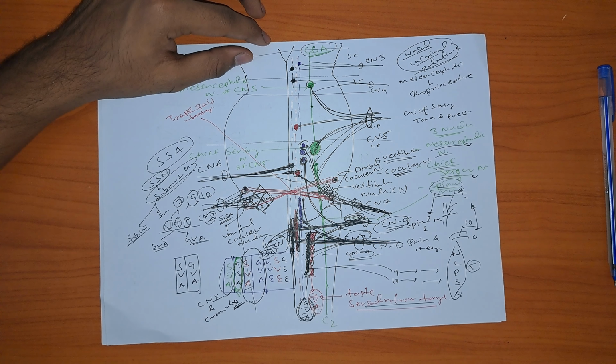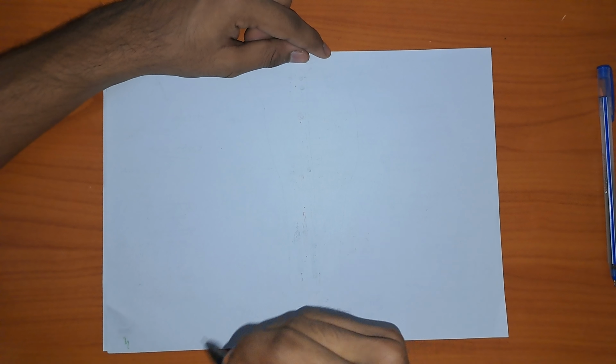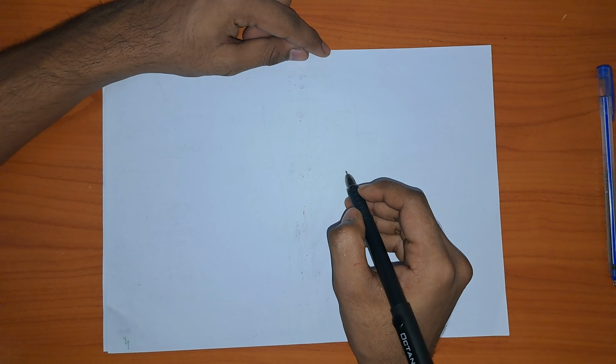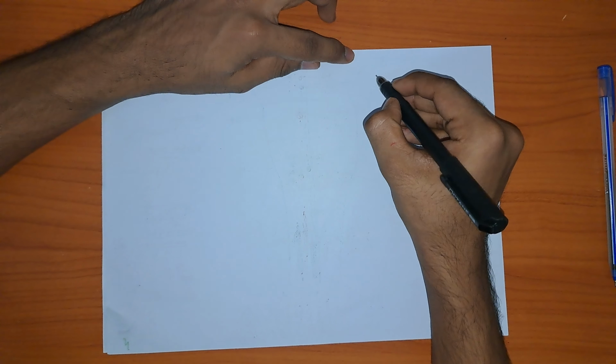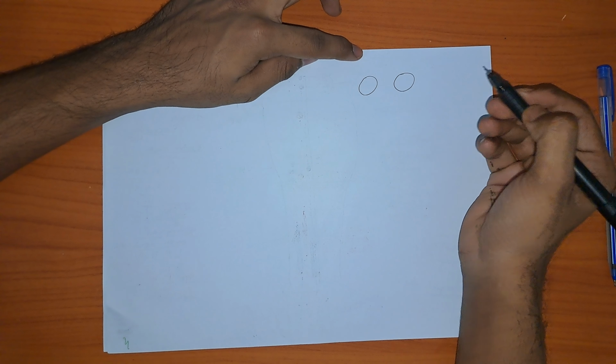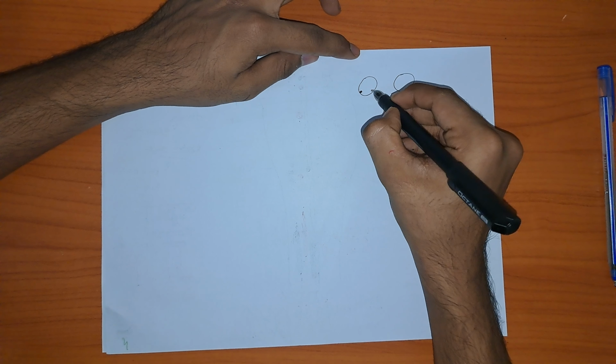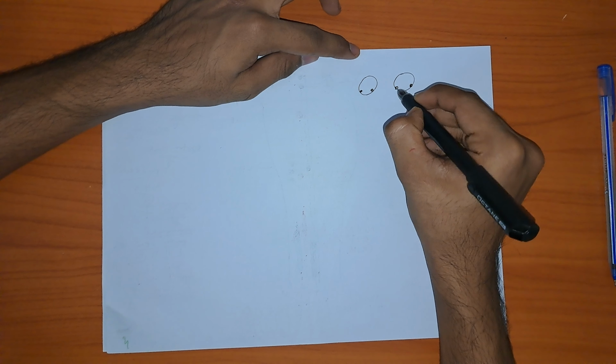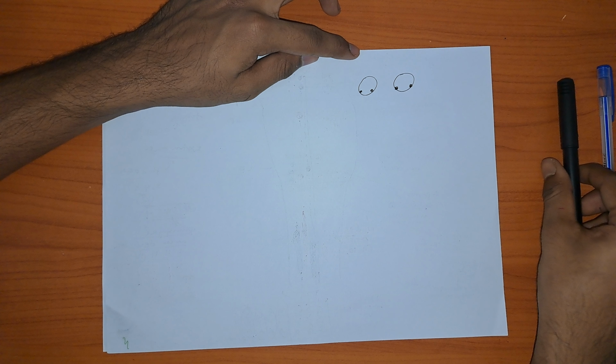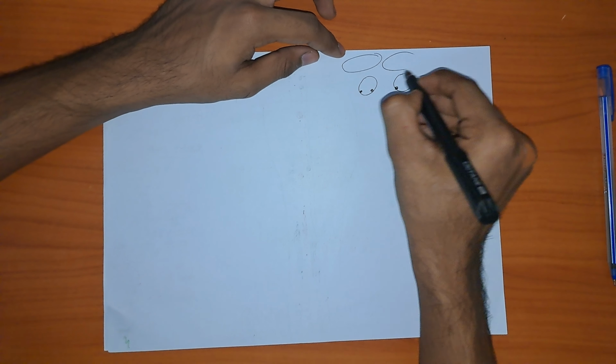Here I am going to discuss a few more concepts related to the optic nerve. First, these are our 2 eyeballs. In the retina we have, I am using different colors. Suppose this is the pathway.